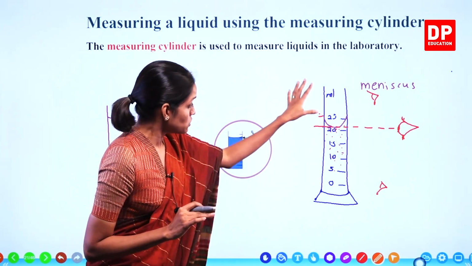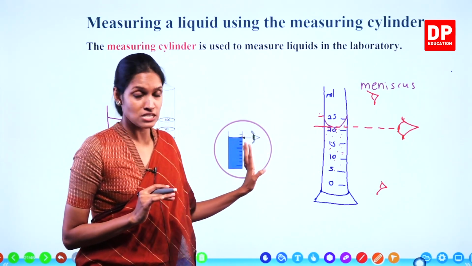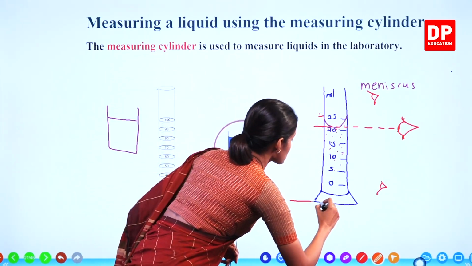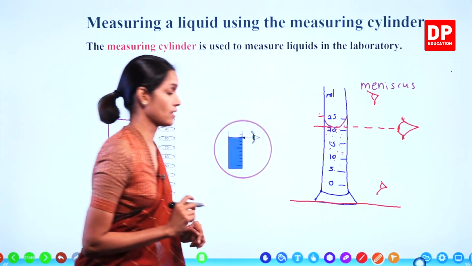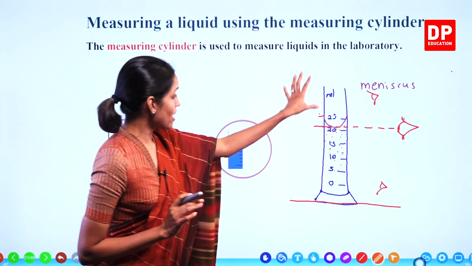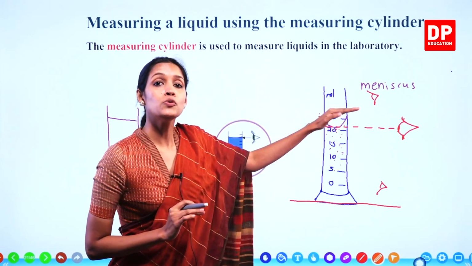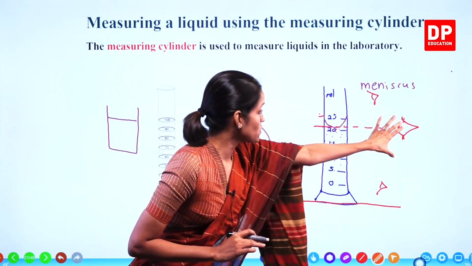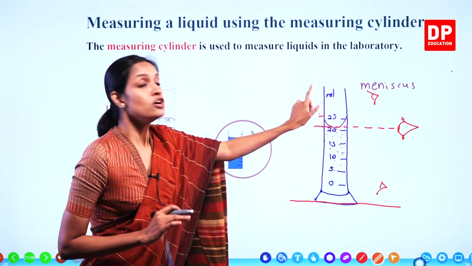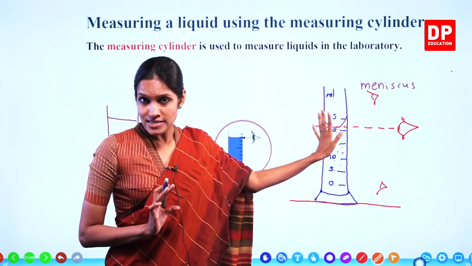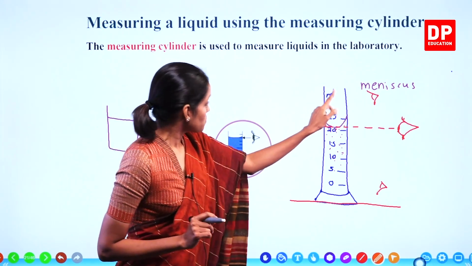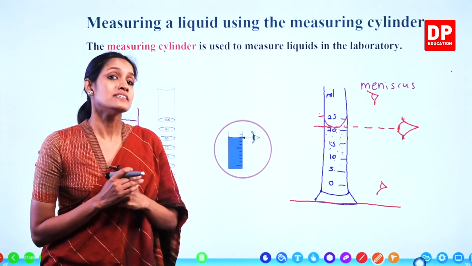First of all, you have to place this measuring cylinder on a flat surface, on a table. Understand? You have to place the measuring cylinder on a flat surface, and then you have to go down so your eyes align with the lower curved part of the meniscus. Understand? So then only you take the reading.